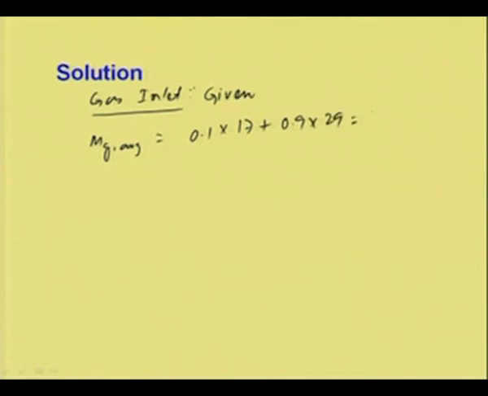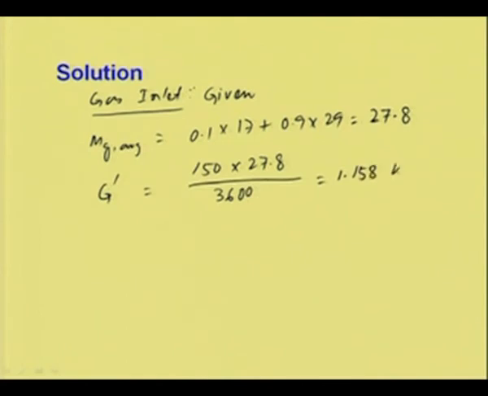So, this is 27.8. The gas flow rate, G dash, we can calculate: 150 kilomole per hour into 27.8 divided by 3600, which is equal to 1.158 kg per second.